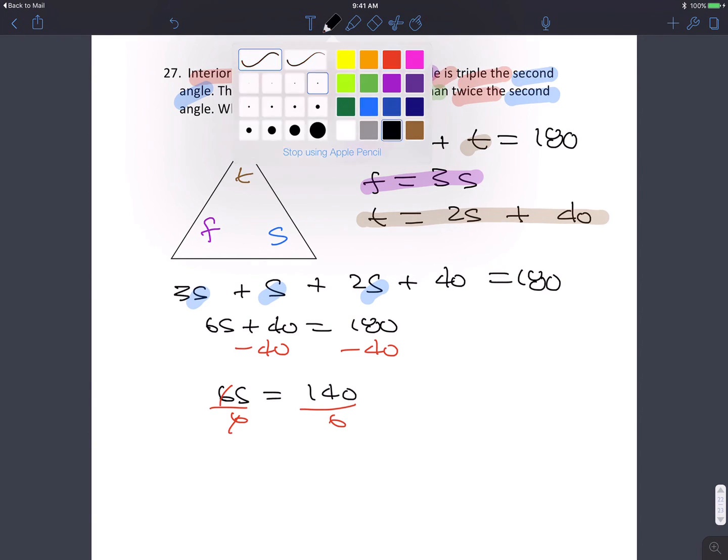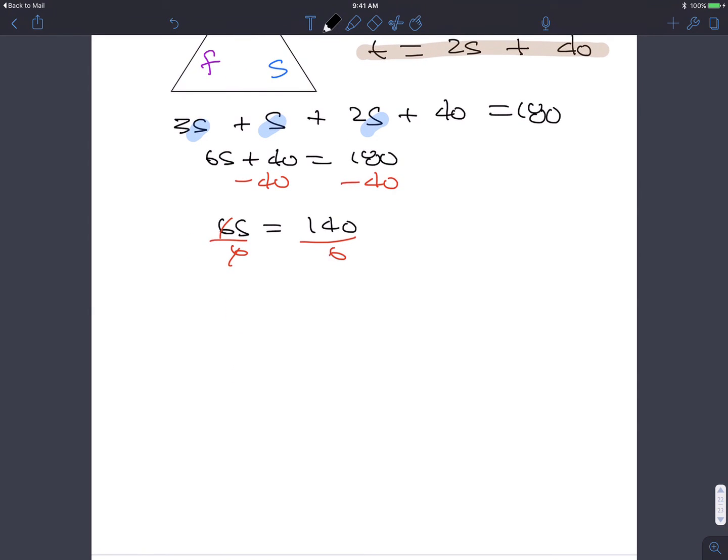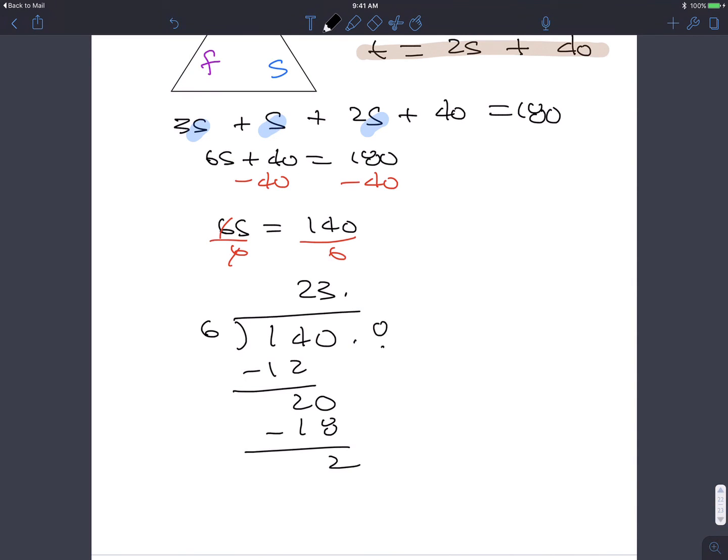Let's see what we get by doing some division. Okay, we get S to be approximately 23.3 again.